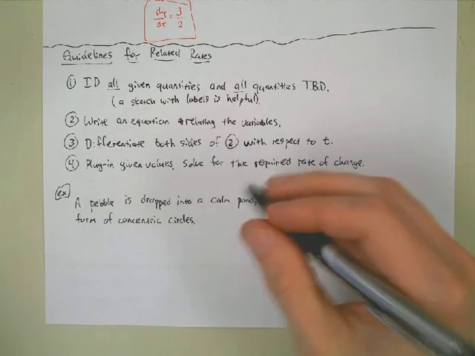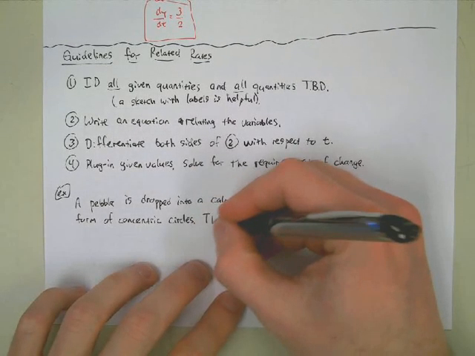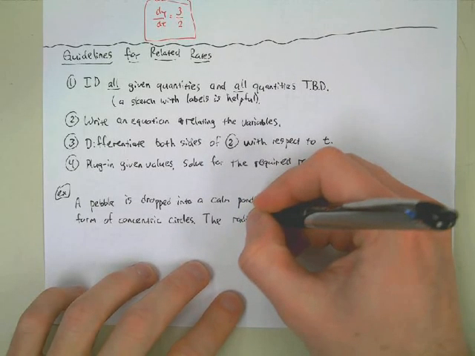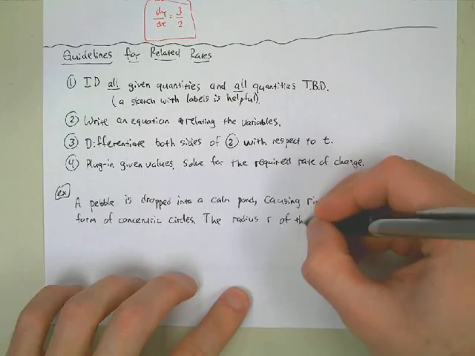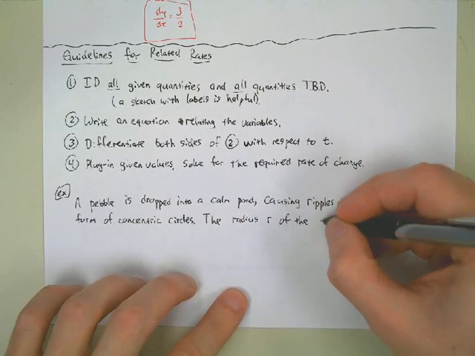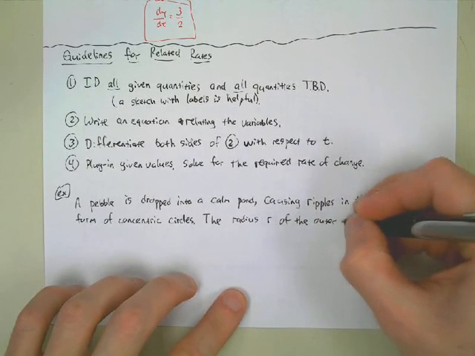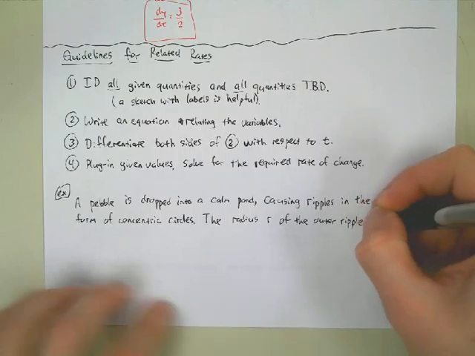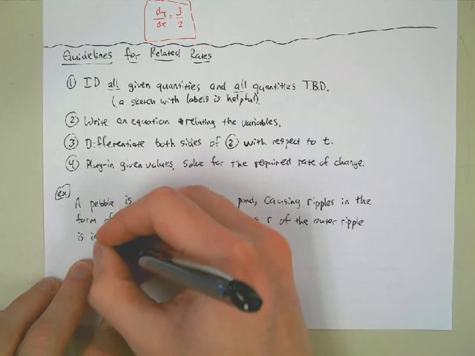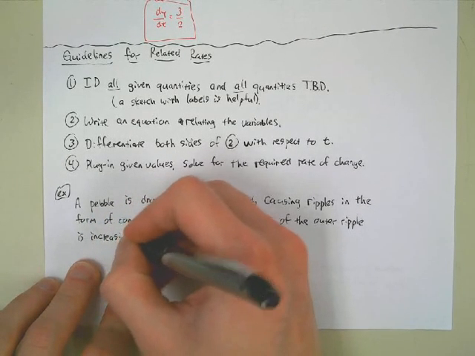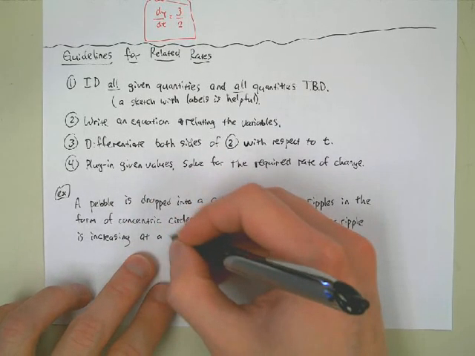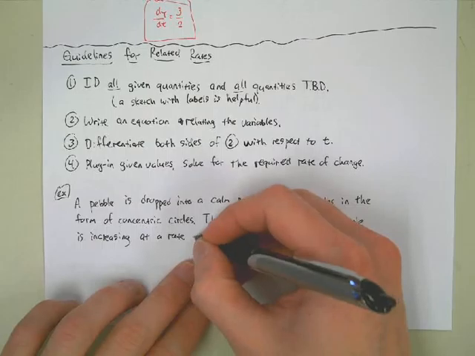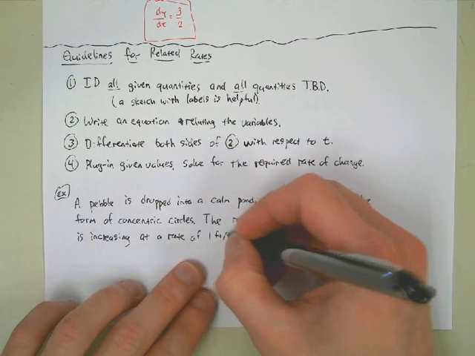Okay? The radius r of the outer ripple is increasing at a rate of 1 foot per second. That's right, we're using those standard measurements. Sorry, physics folks.